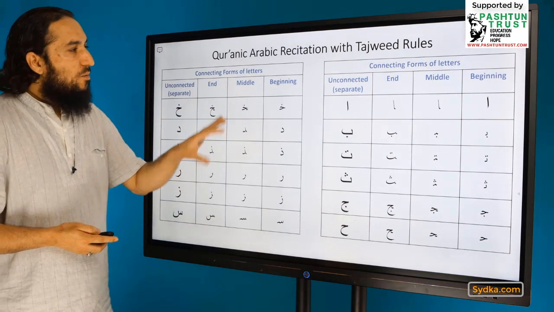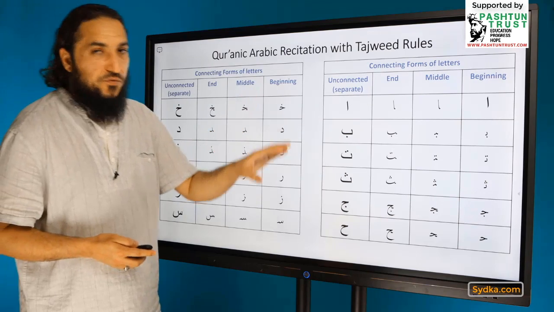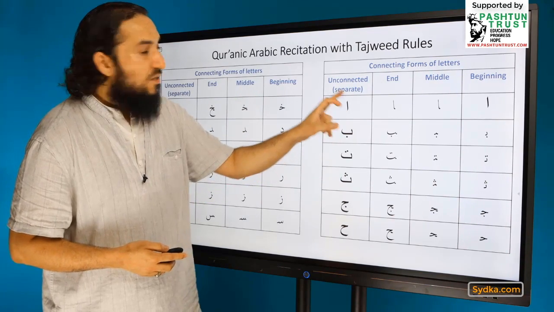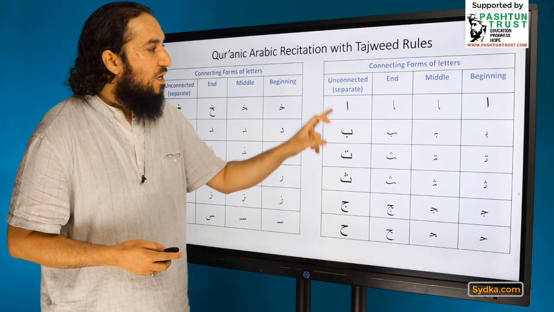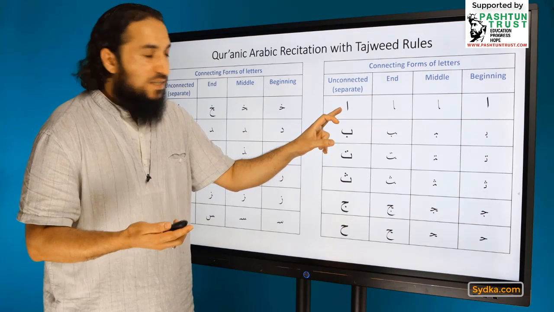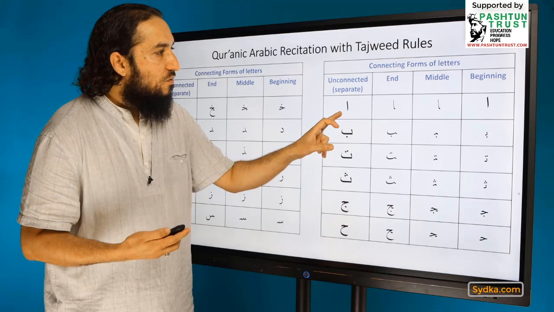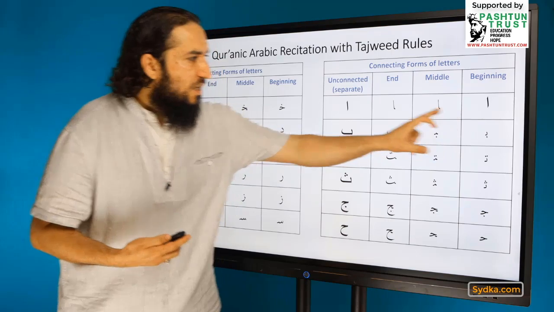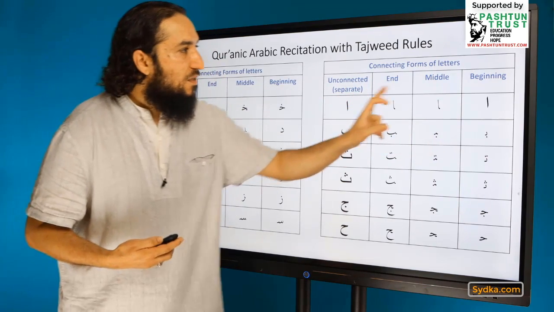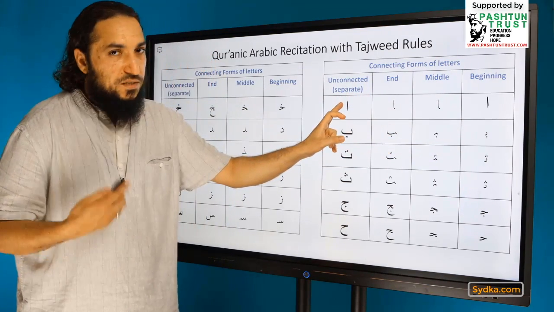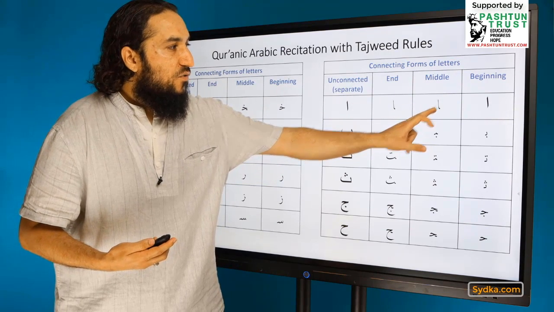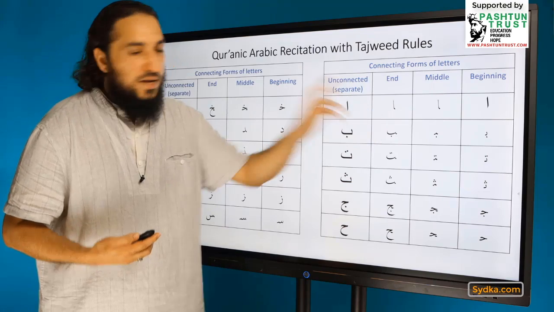This is maybe a bit more explanation. We have connecting forms, as I explained before. For example, this is the first letter of the Arabic alphabet, alif, and that's when it is not connected with any other letter, on its own. It looks like this in the beginning because it is a non-connector, so it is the same as if it's unconnected. If you see it in the middle, it has a different structure than this one, and at the end similarly.